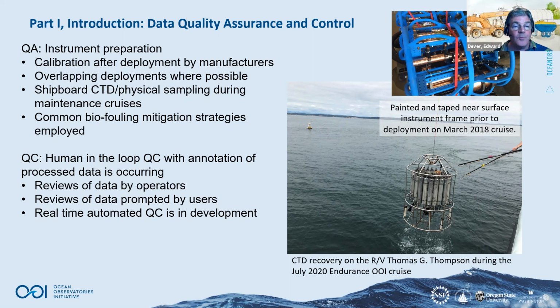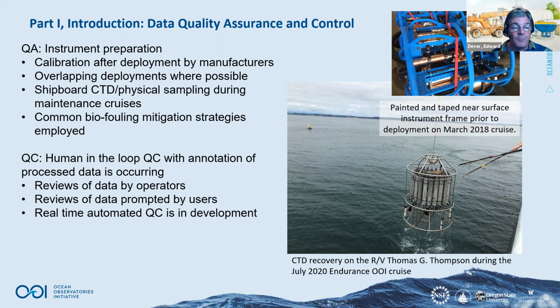We also try to apply common quality control procedures. So we're doing human in the loop quality control right now with annotation of process data. Some of that data quality control is done by the operators, either routinely or prompted by something an operator might see in real-time data coming back. We also have reviews of data that are prompted by users.